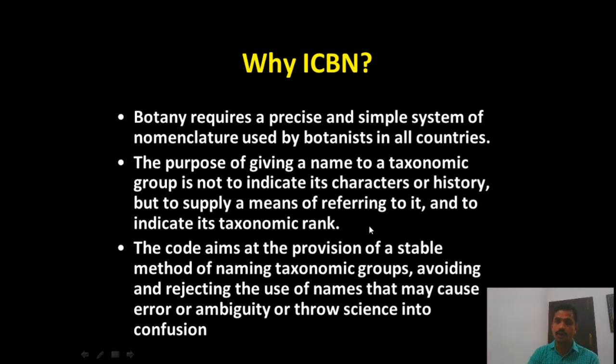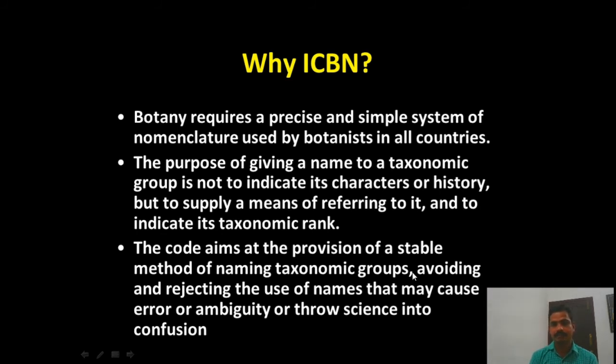The Code, meaning ICBN or ICN, is abbreviated as the Code. The Code aims at the provision of a stable method of naming taxonomic groups. Taxonomic group means plants at any level, for example species or subspecies or genus or family.